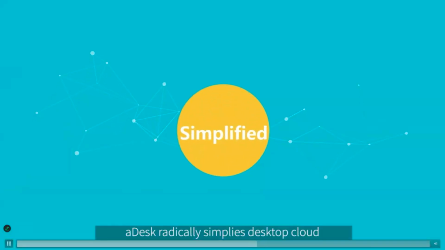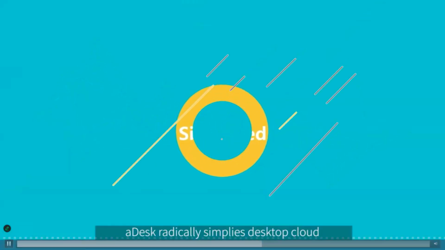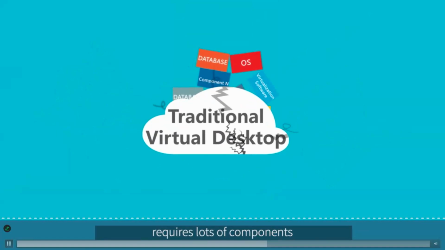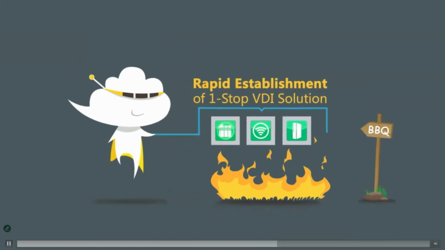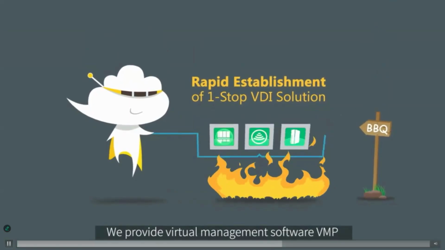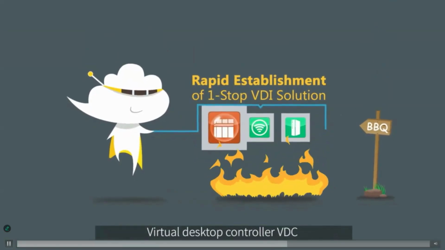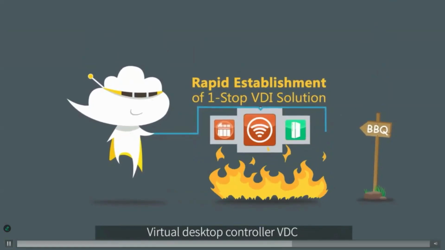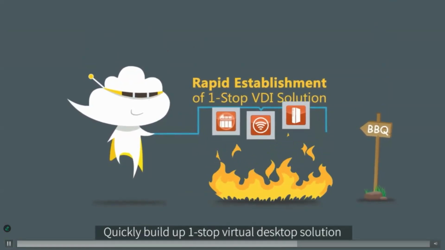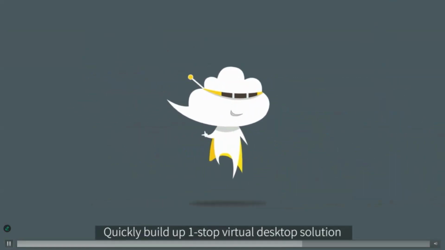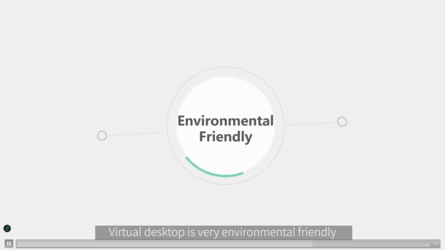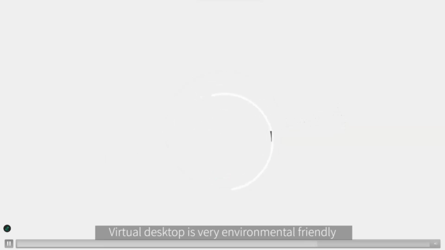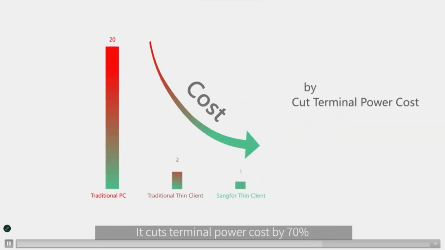A-Desk radically simplifies desktop cloud. Traditional virtual desktop requires lots of components, but Sangfor A-Desk is very simple. We provide virtual management software VMP, Virtual Desktop Controller VDC, as well as Thin Client. Quickly build up a one-stop virtual desktop solution. Say goodbye to complexity. Virtual desktop is very environmentally friendly. It cuts terminal power cost by 70%. Yet Sangfor has taken this to another level.